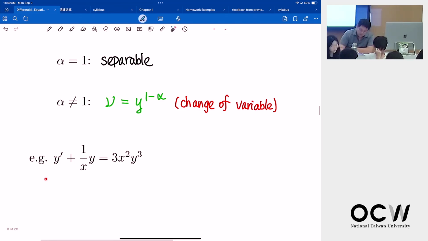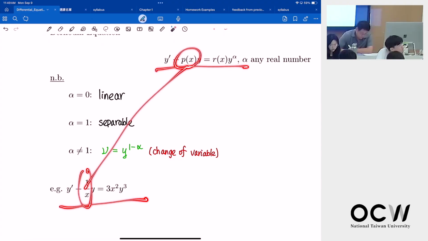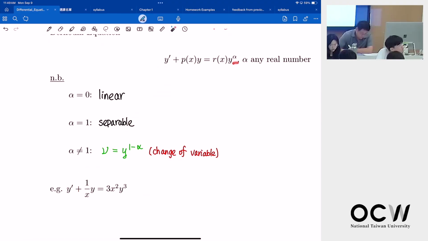So here, well, we need to compare. Okay. So the p of x is 1 over x, right? Then what is alpha? Alpha is what? Alpha is 3, right? So here, alpha is 3.